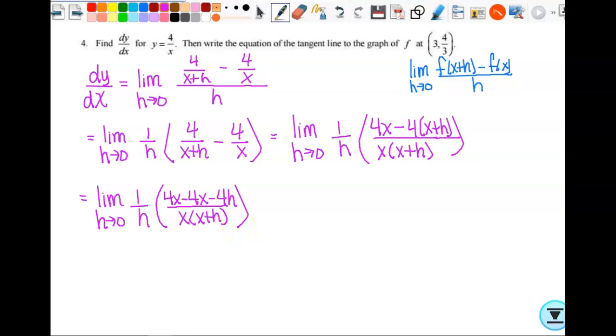Right, because I just distributed that negative 4 up there. Are we all okay with that? You gotta tell me if I lose you somewhere. All right, so then these zero out. So basically I'm left with negative 4h over this stuff. Since the only term I have left in the numerator is this term, and it's being multiplied by this fraction where I have an h down here, I can legally cancel those h's out.